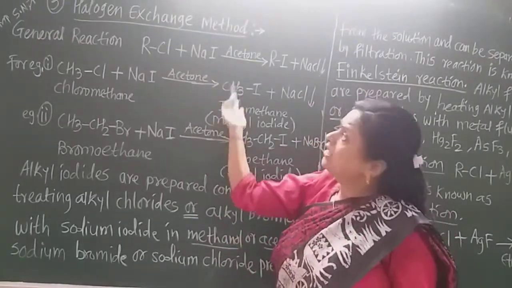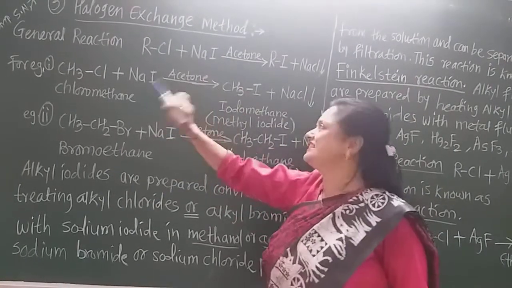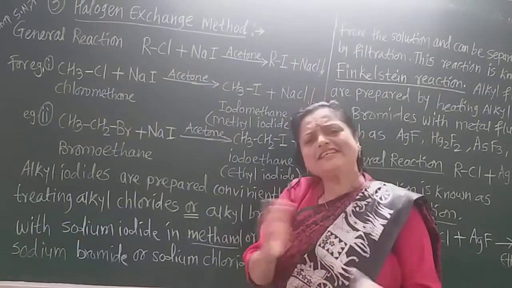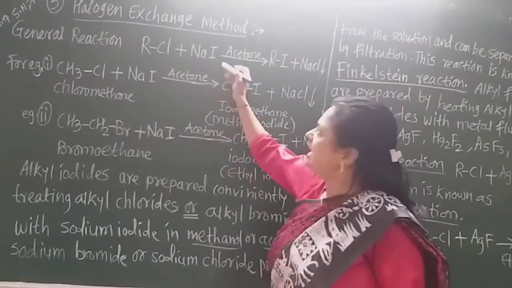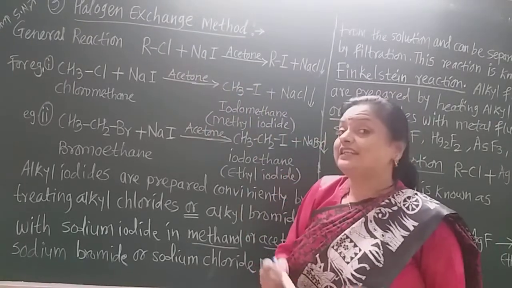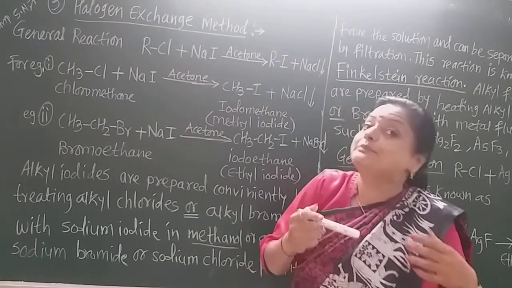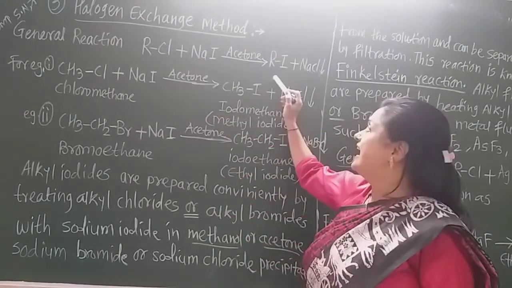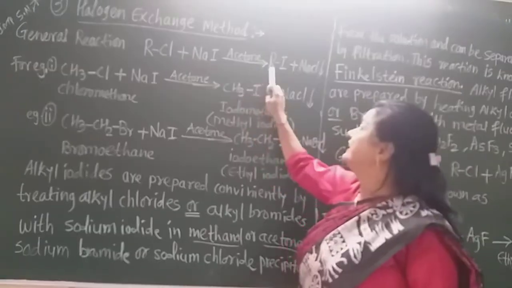Now there is only exchange of halogens. See here, this is also halogen, this is also halogen. They only exchange their place. That means this iodine goes here and this chlorine comes here. In this way there is only exchange of halogen, so this method is known as the halogen exchange method. Now in that there is the formation of alkyl iodide.